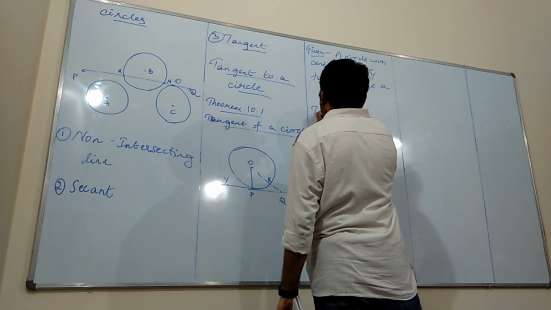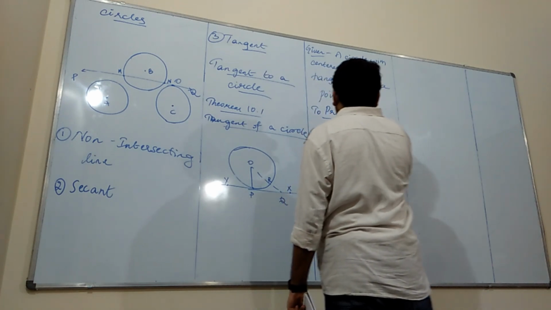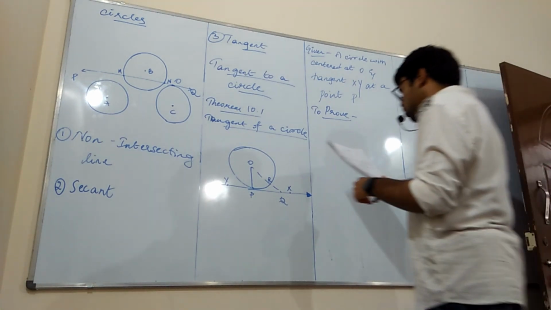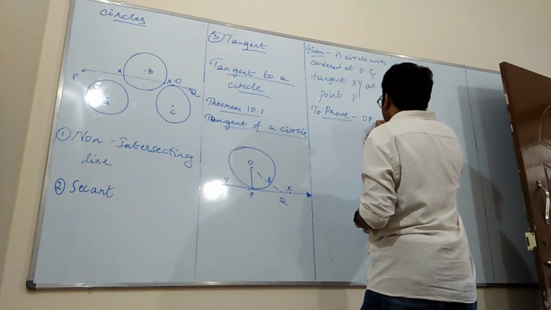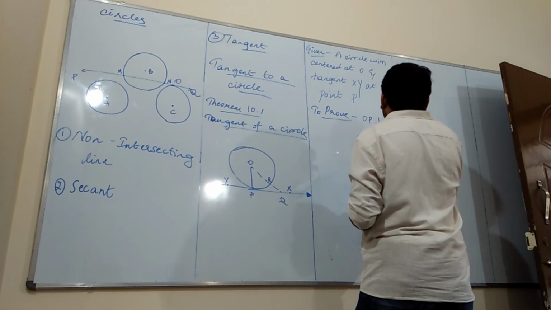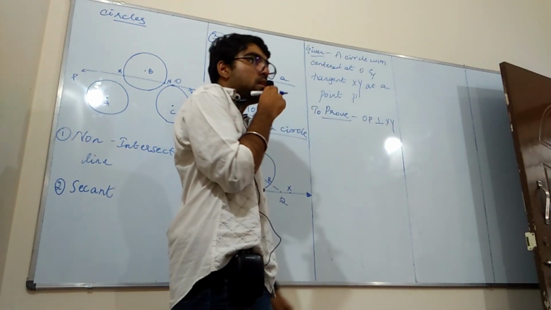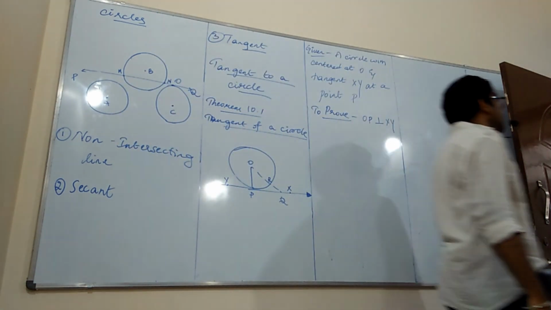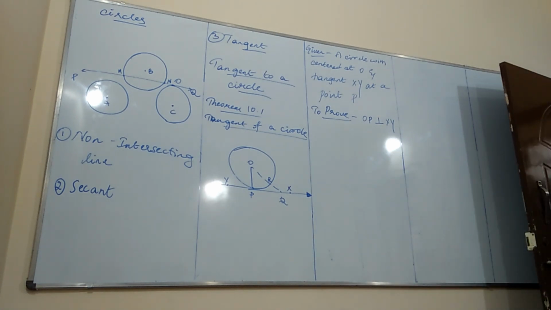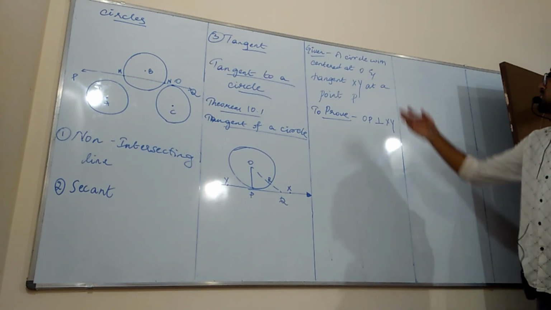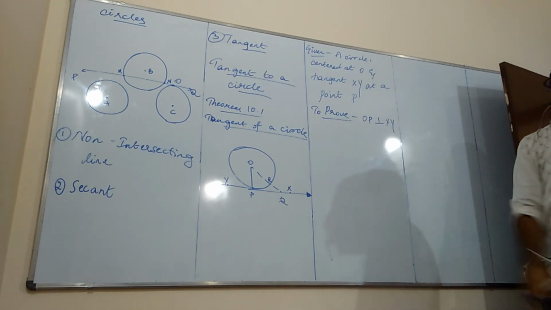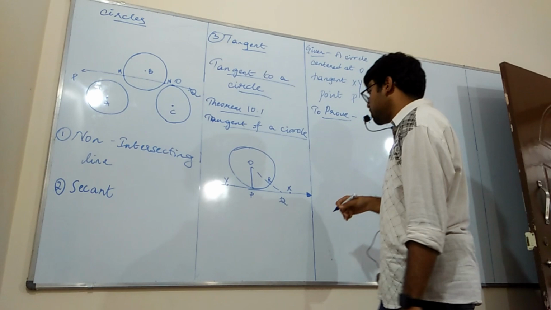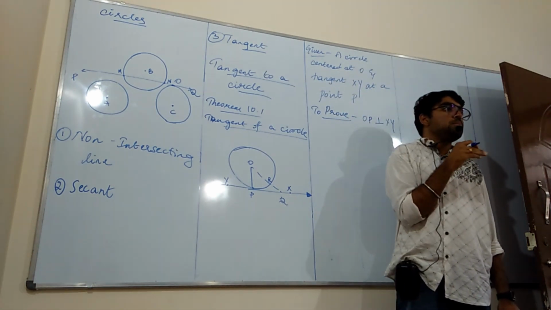To prove: OP is perpendicular to XY. Look at the statement, what does it say? Tangent to the circle with center O. Sir, that is given, no sir. That is the thing which we are supposed to prove, sir.